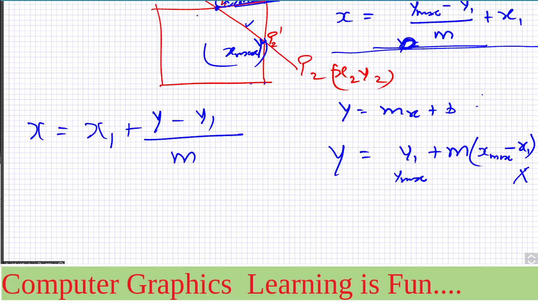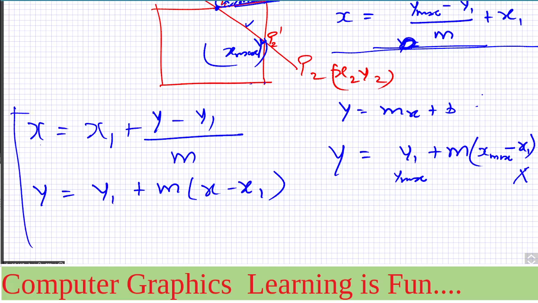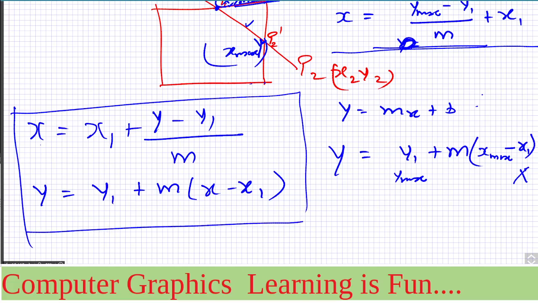And if it is a vertical line, you will try to find the y value, which is your y1 plus m into x minus x1. So using these two equations you can easily find the points of intersection.